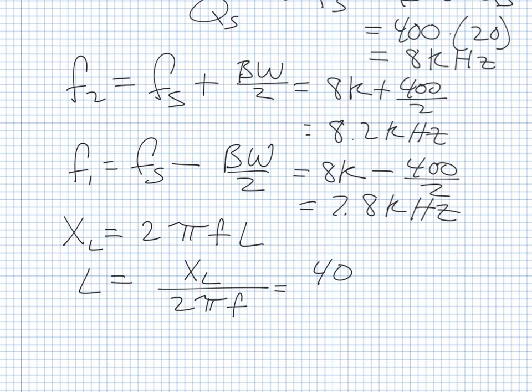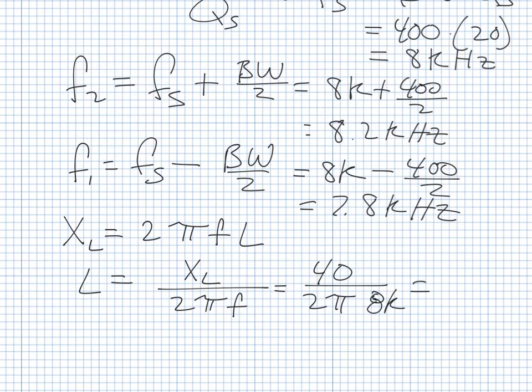Let me just verify that here. 40, 40, 40, 40. Yes, we did. 40. Divide by 2 pi. Now, F in this case is going to be the resonant frequency. Okay, we said the thing's operating at resonance. We solved for resonant frequency, and we determined that to be 8K, right? Yes, 8K.